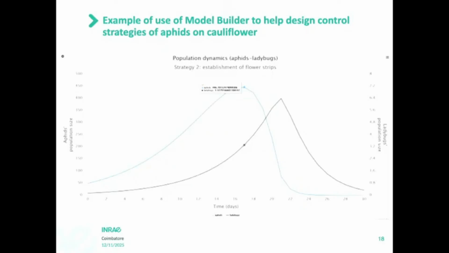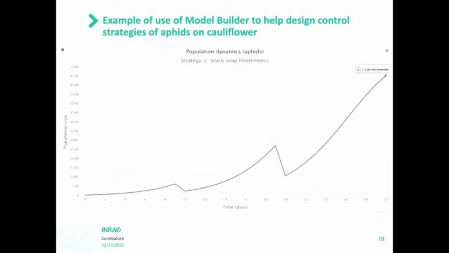So here you have in blue the aphid population, and in black the ladybug population. So you can see dynamically after day 22 we already control all the aphids in the field. So we can understand that by modeling.